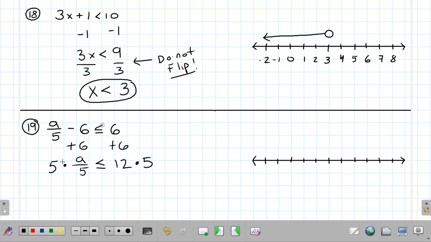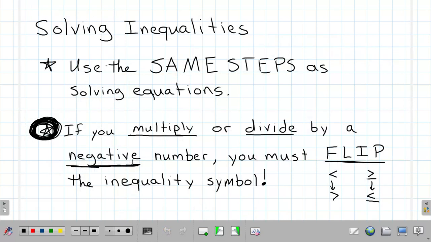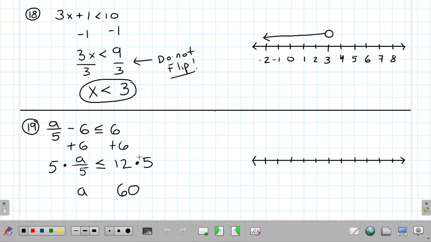Once again, over here we're going to get a, and over here we're going to get 60. And then we need to decide, what is my sign going to be? In this case, what did I do? I multiplied, but did I multiply by a negative? No, I multiplied by positive 5. So this is going to stay the same as less than or equal to.